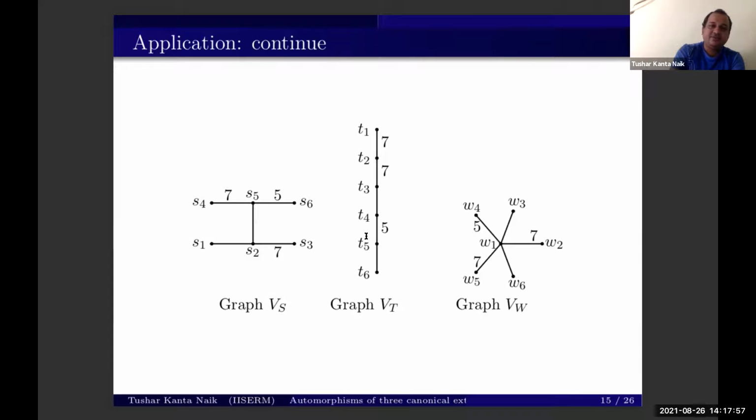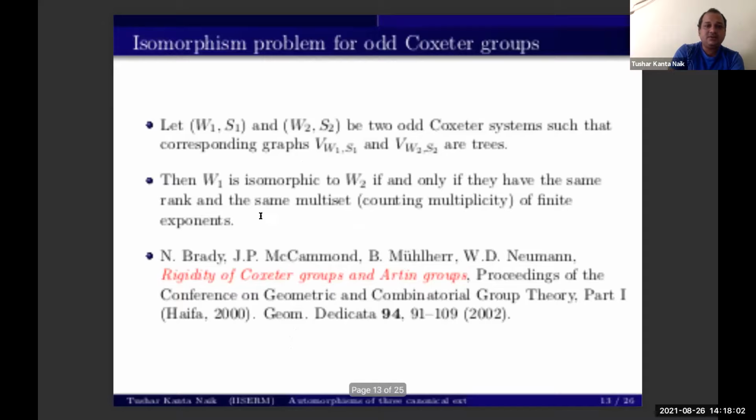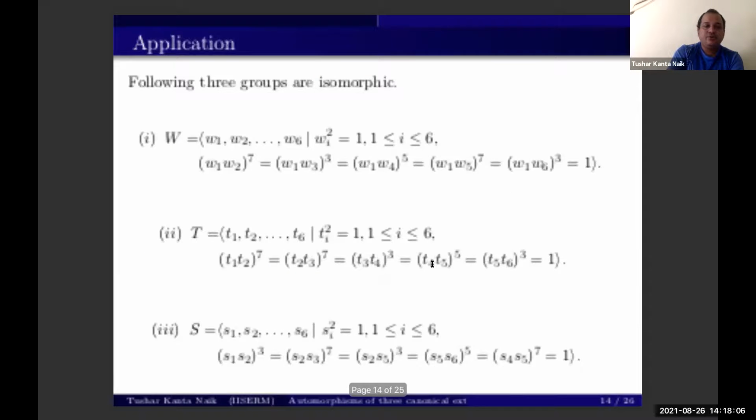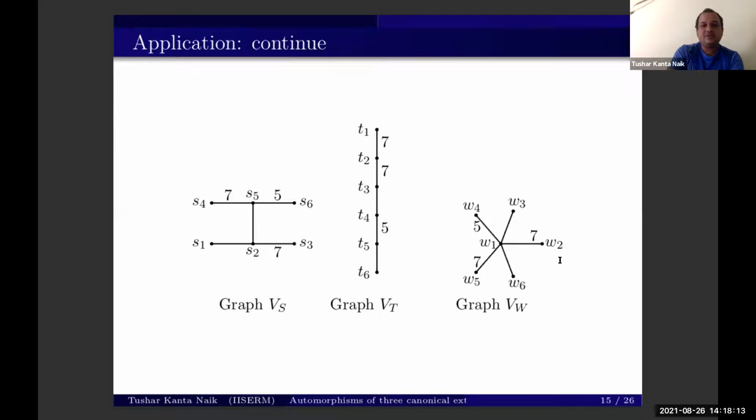But from the result of Bahls, McCammond and Müller, we can say that these three groups are isomorphic, because all these three graphs are trees. There are no loops, and their exponents have the same multiplicity. Here 7 has multiplicity 2 and 5 has multiplicity 1. So the groups corresponding to these three graphs are isomorphic.